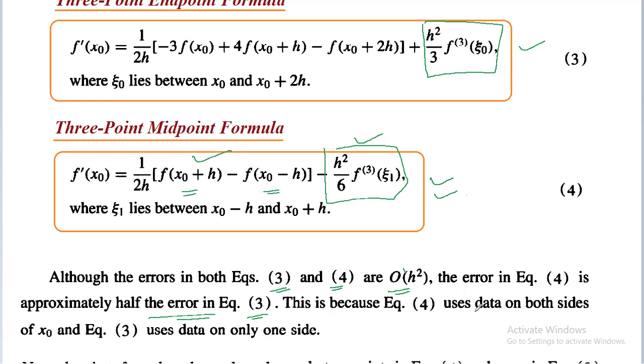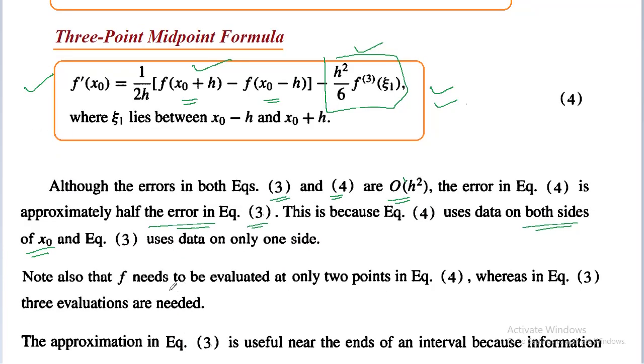That is, we are using the data on both sides of x naught. But in the 3-point endpoint formula, we are using the data from one side: the values of f at the points x naught plus h and x naught plus 2h. So the error in this formula will be approximately half of the error in the other formula.